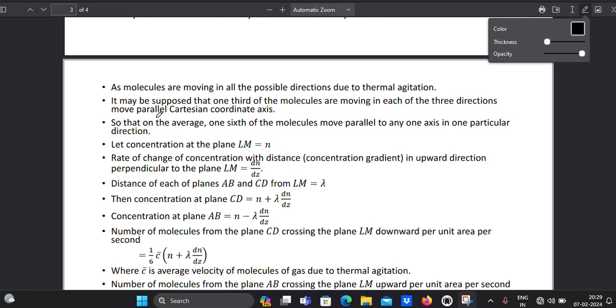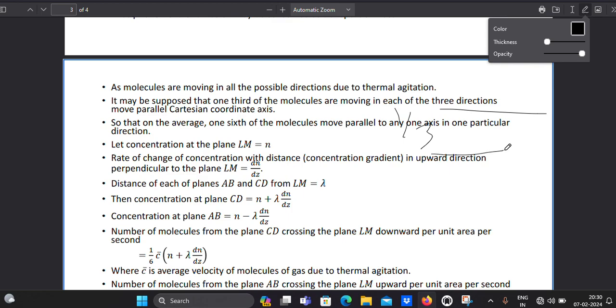It is supposed that one third of the molecules are moving along each of the three axes.